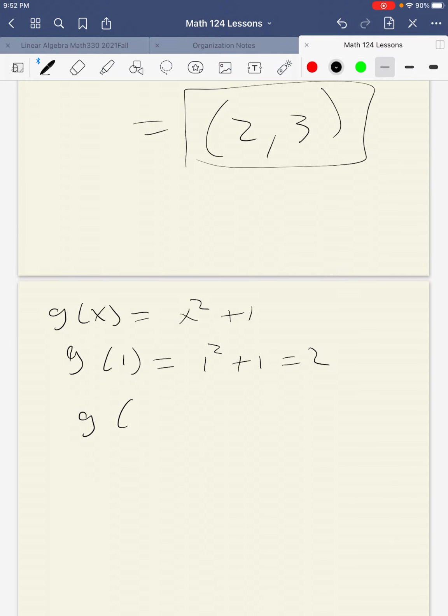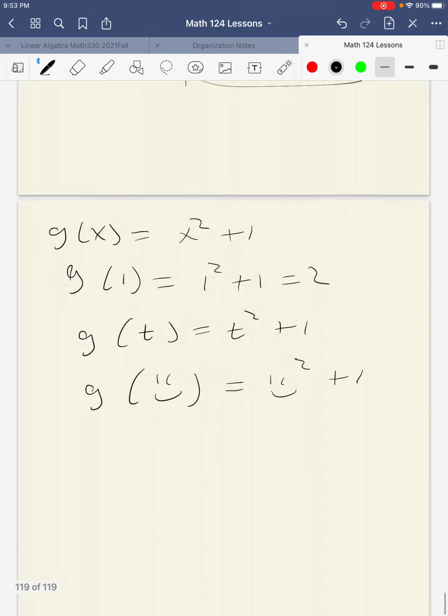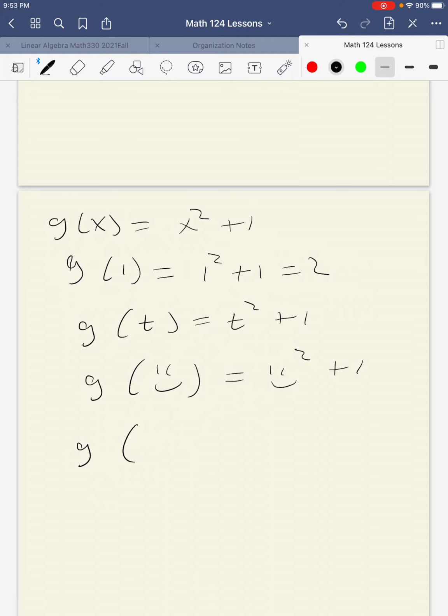But we could also plug in other symbols, so plug a t in, and we get t squared plus 1. You know, we plug a smiley face in, we get smiley face plus 1. Right, we could also plug in a complicated thing like t minus 1. And then we just do t minus 1 squared plus 1. So just be comfortable with that concept.